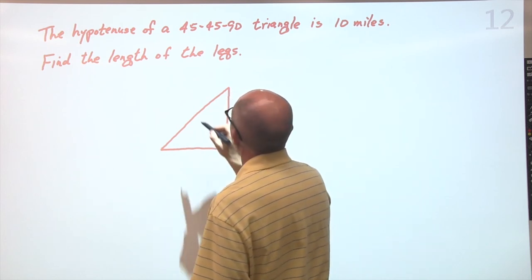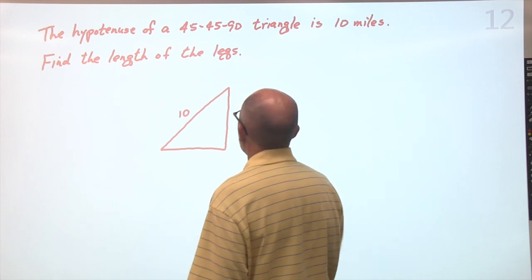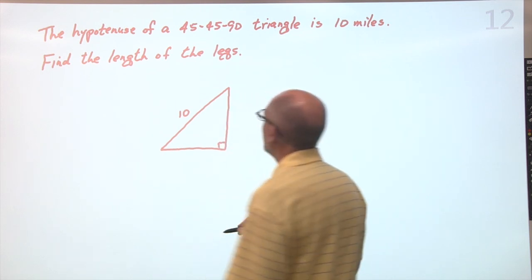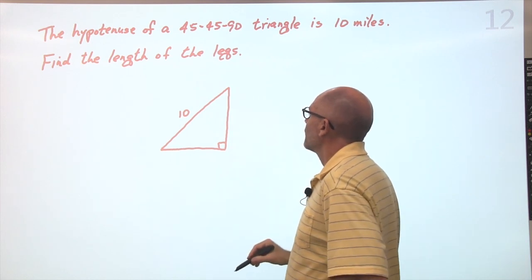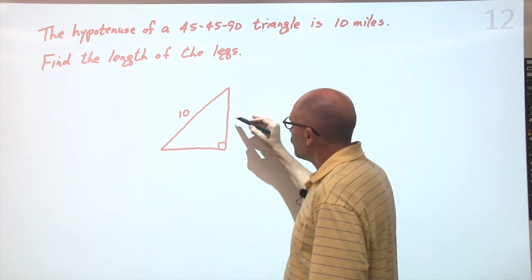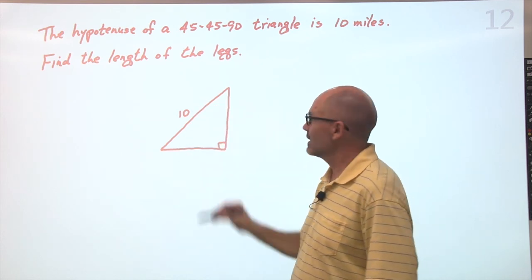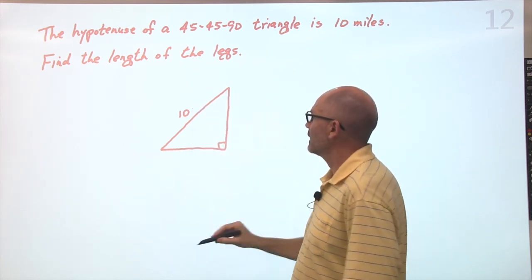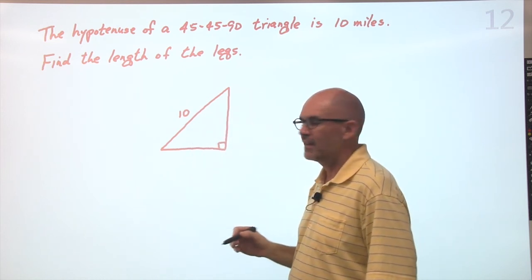Okay, so the hypotenuse is 10 miles. Now, what is the length of the legs? Well, if I multiply the leg times square root of 2 to get the hypotenuse, then all I do is divide by the square root of 2 to get the legs.